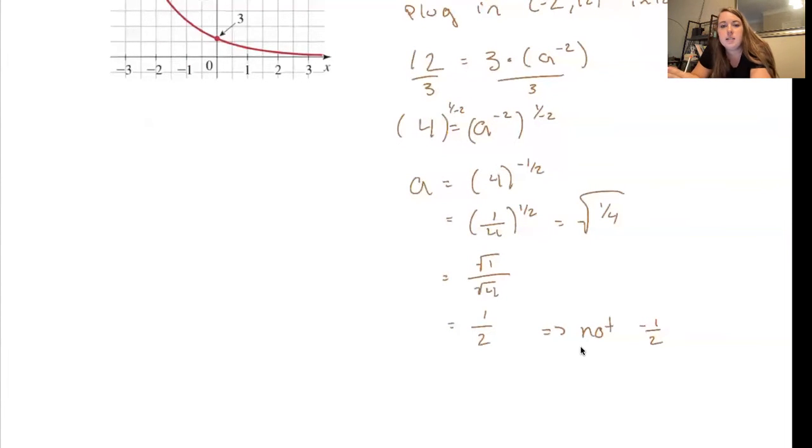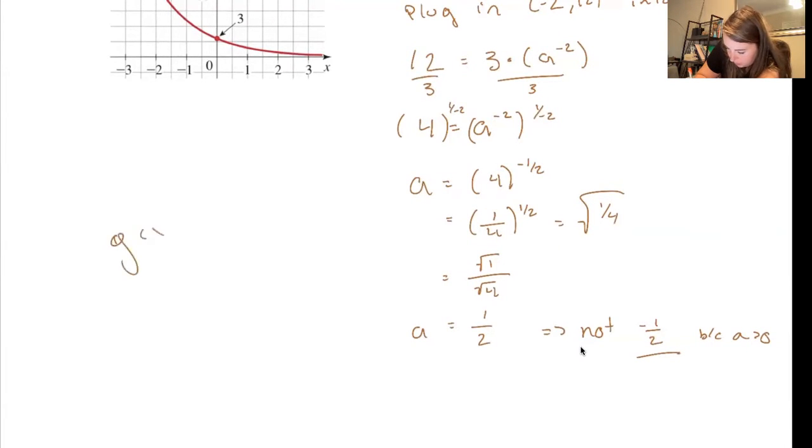But since we've already said from the beginning of this chapter that a cannot be less than 0, because if a was a negative value, I can't always take the square root of that. I can't take the even roots of negatives, and it'd be kind of crazy. If you ever look at a graph of one of those, it's not cute. Because a needs to be greater than 0. So a equals 1/2. I'm not done.